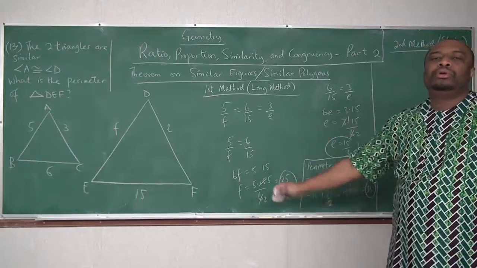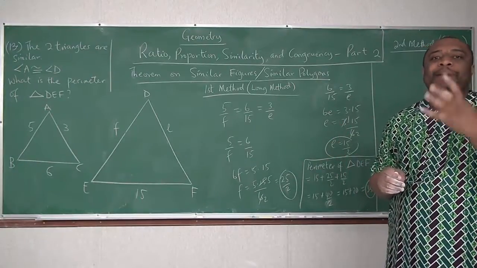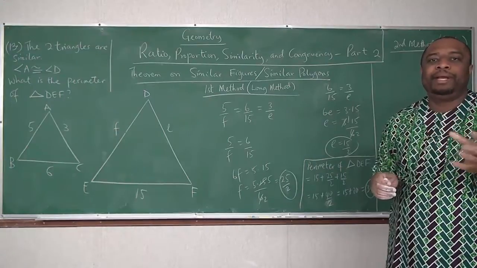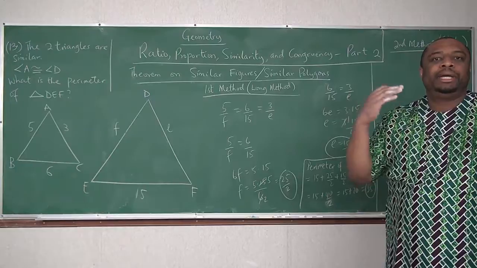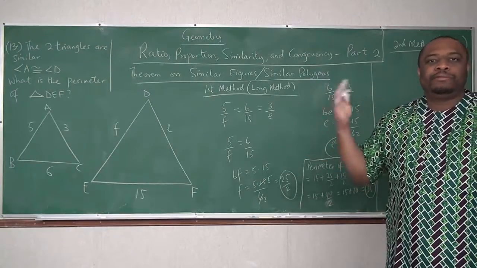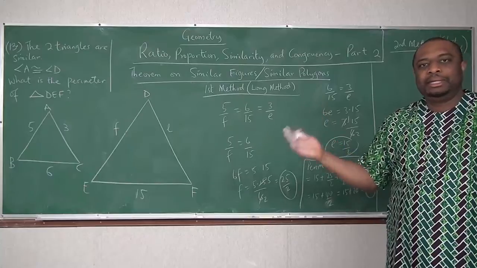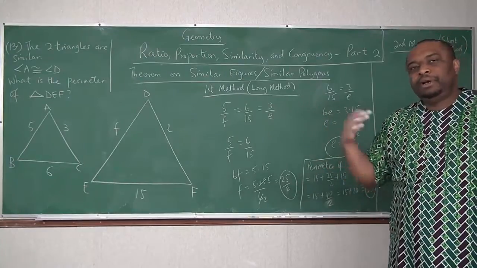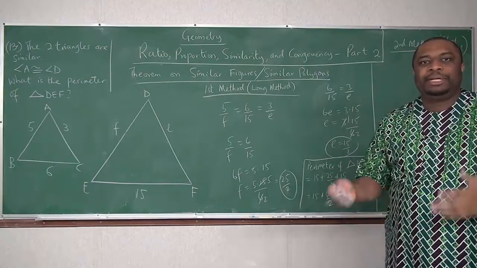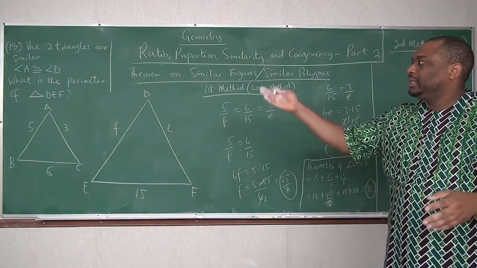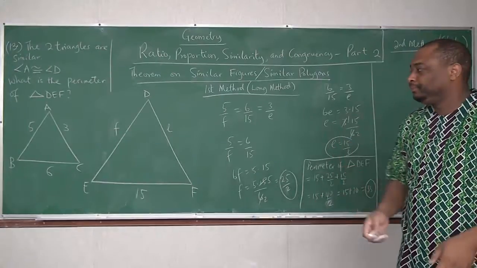When two polygons are similar, the ratio of their perimeters is proportional to the ratio of the lengths of the corresponding sides, or you can say it is proportional to the scale factor between them.